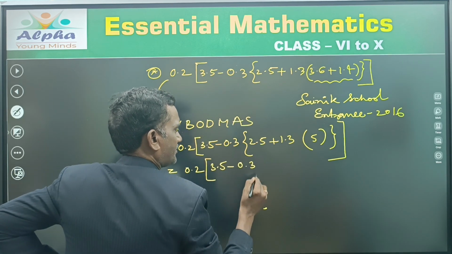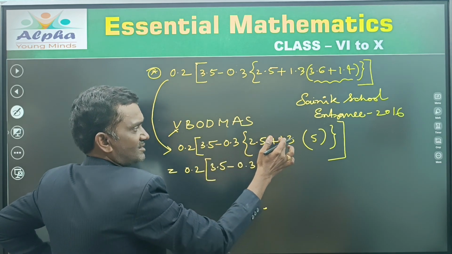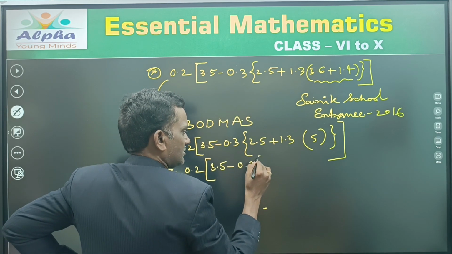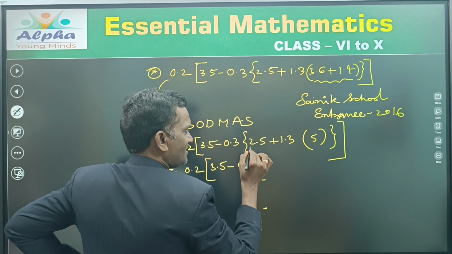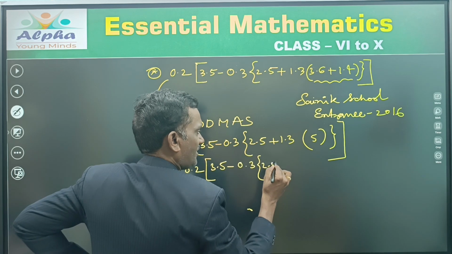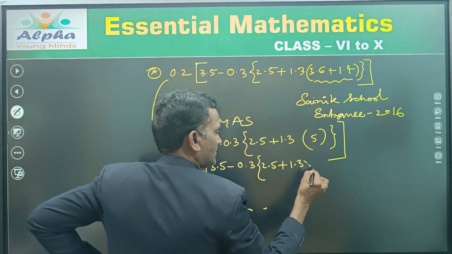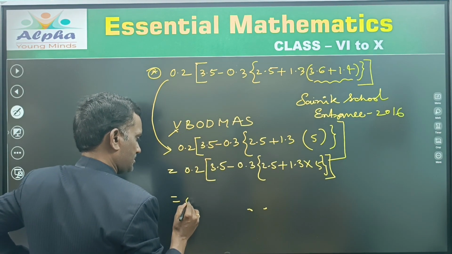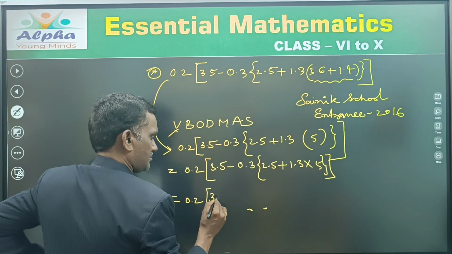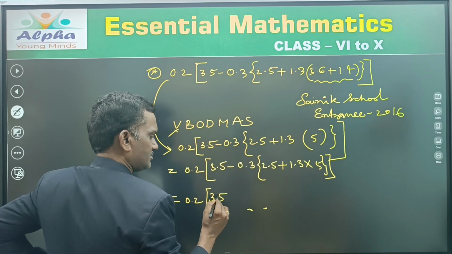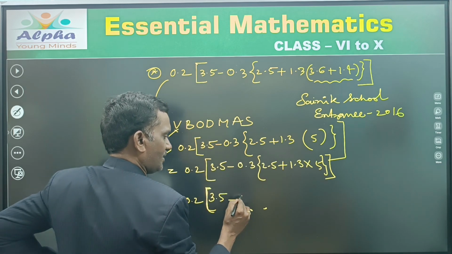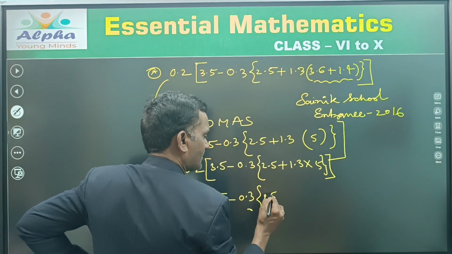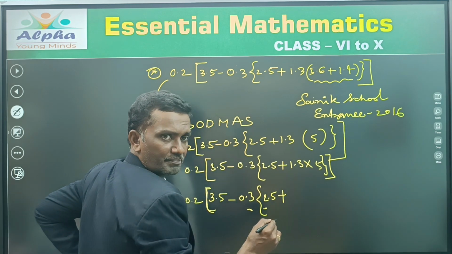3.5 minus 0.3. What next? First, round brackets to be performed and then curly brackets. What is there in curly brackets? 2.5 plus 1.3 into 5.